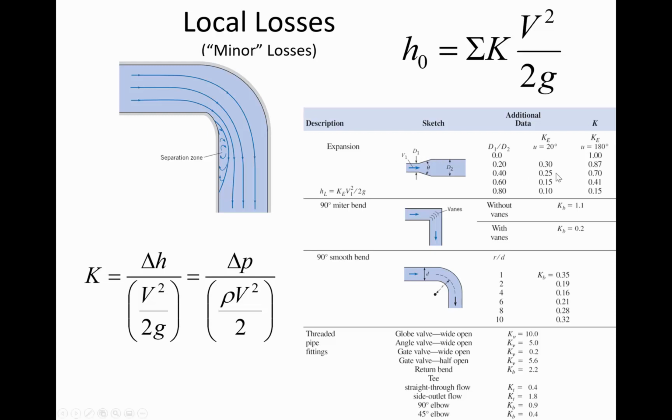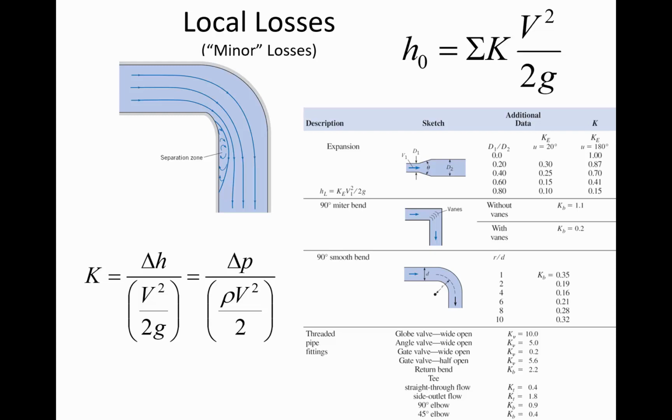The other factor that's shown in this table is that whether it's an abrupt transition or a tapered transition has an effect. And so you'll notice this angle, theta. They're saying that if you have a 20-degree transition angle between the inlet and the outlet diameter, then the K values are lower than if that angle is 180 degrees and it's an immediate small pipe, instantaneously a big pipe without a gradual expansion.